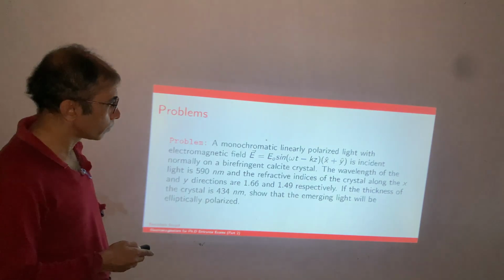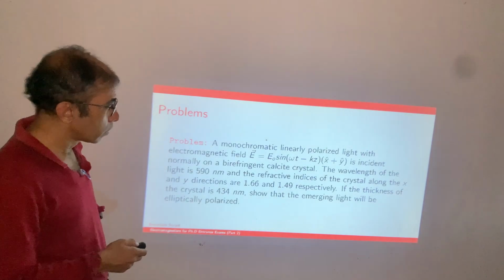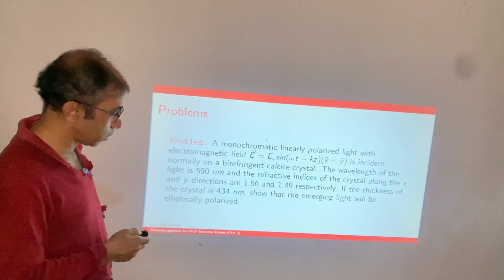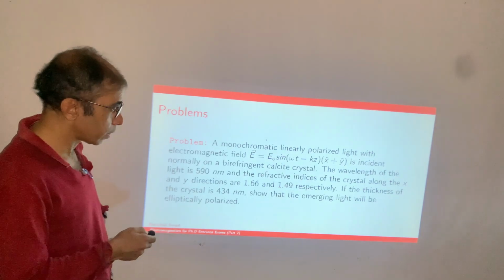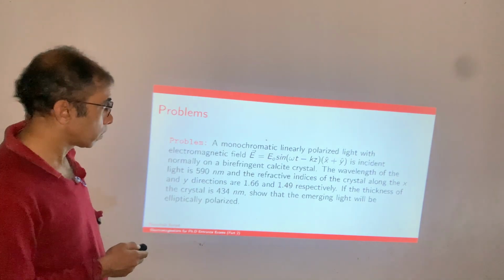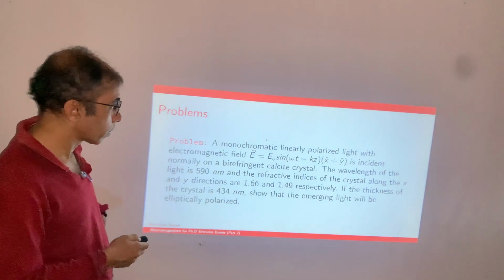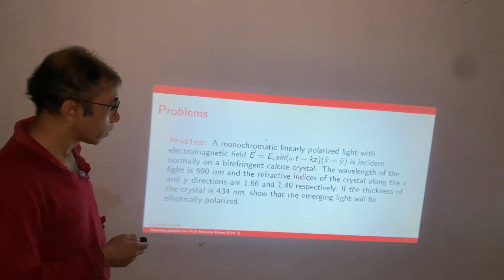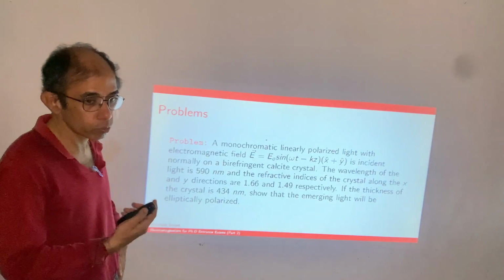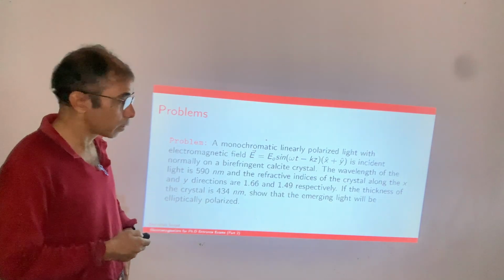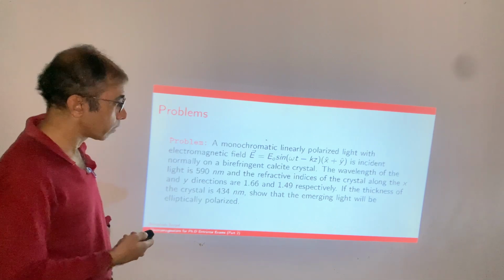So here, when the light is incident normally on the calcite crystal, we will have two rays. One is an extraordinary ray and one will be an ordinary ray.